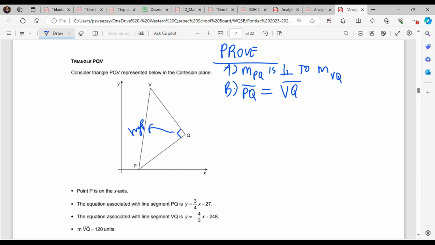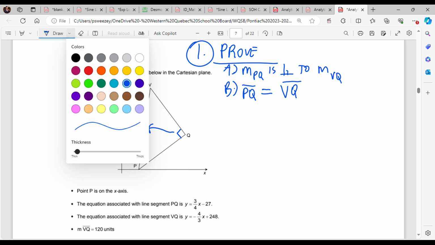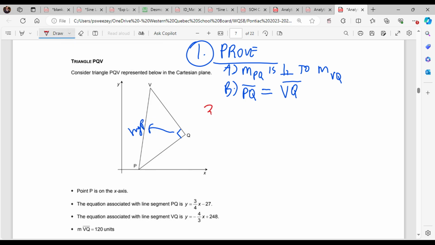The next thing I would do, so this is my step one, write out a statement. My step two is just basically label. Okay? And what I mean by that is point P is on the x-axis. What do I know about something that's on the x-axis? What do we know about it?